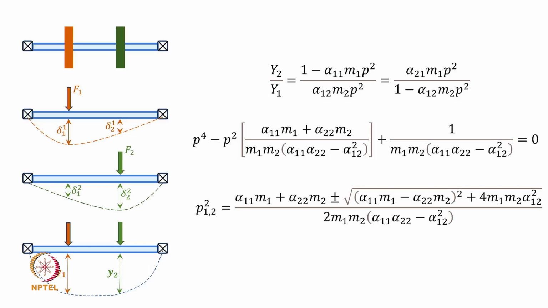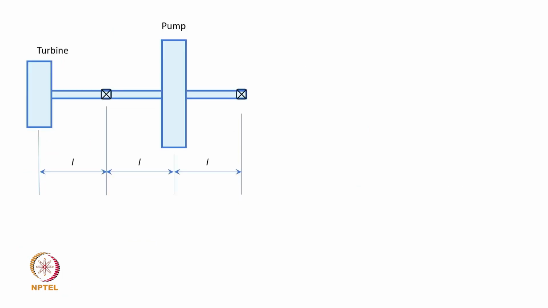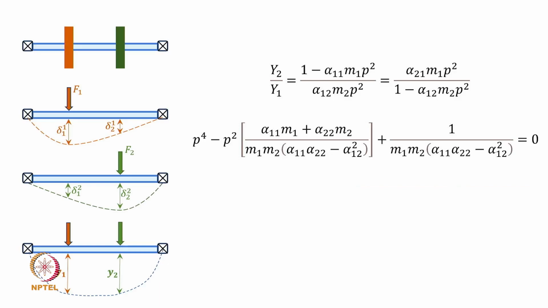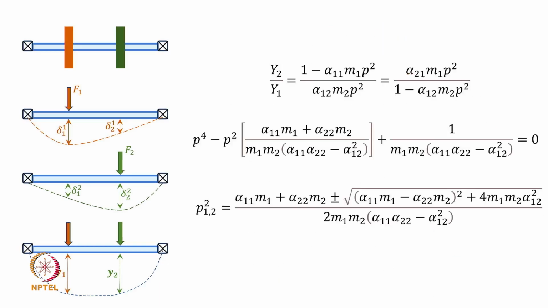And what do you use these natural frequencies for? You can get the actual exact mode shape by substituting either P1 or P2 in this expression, you get the first or the second mode shape, right. So, by using appropriate mass values and the flexural rigidity of the shaft, you can find out the natural frequencies P1 and P2.